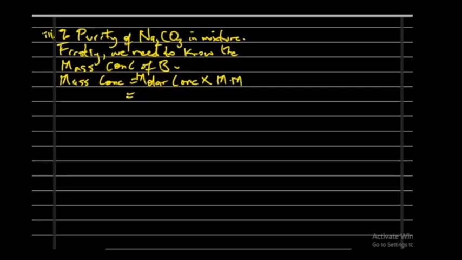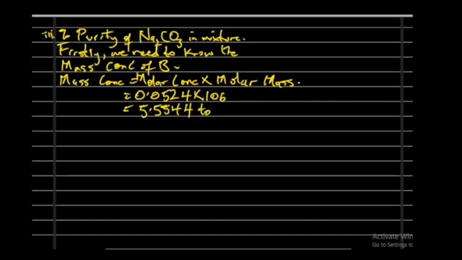So that is giving us this here. We have it to look like this. Let me write this in full so we don't get confused. Molar mass. So that is giving us 0.0524 times 106, which is the molar mass of sodium trioxocarbonate, and this is giving us 5.5544.